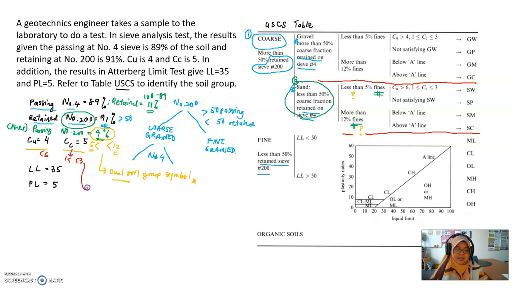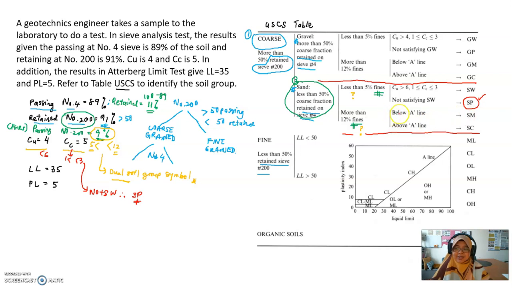So the sandy soil is not SW because it does not satisfy the SW criteria. So it is poorly graded sand, SP. This is the first symbol of the dual symbol for this soil sample.